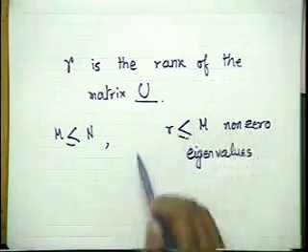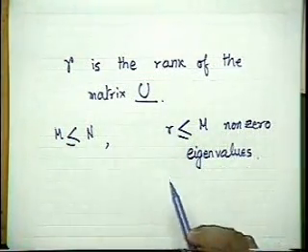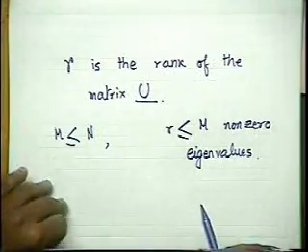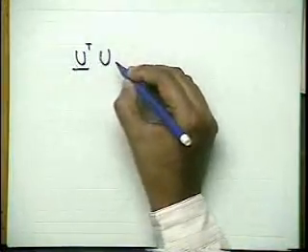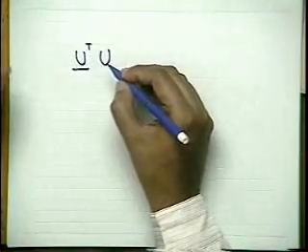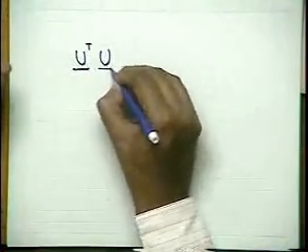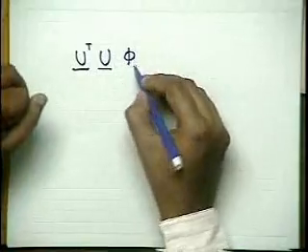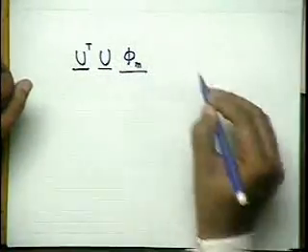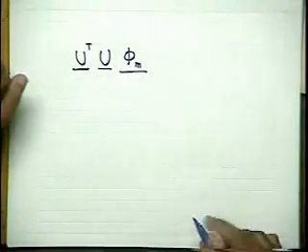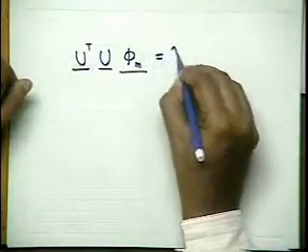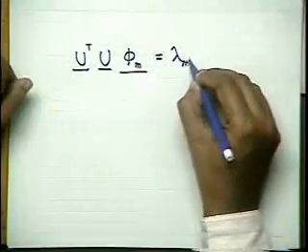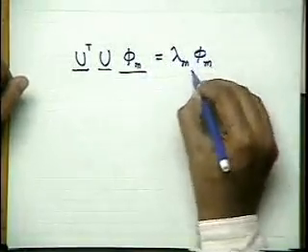So there are R eigenvalues, and then I can write U transpose U, which is of the order m by m, multiplied by a vector phi m, equal to lambda m phi m.